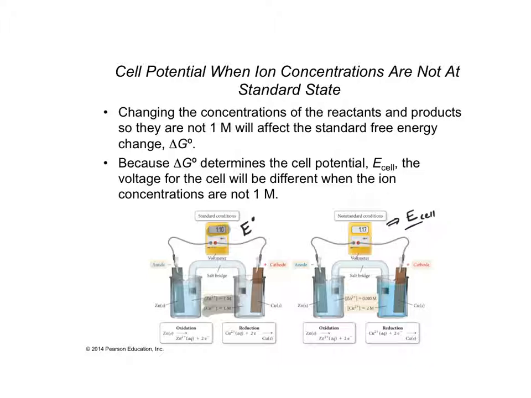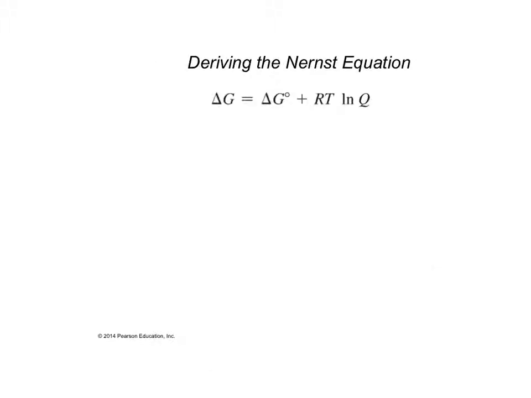Well, it's going to involve something very similar to what we did for delta G, exactly the same thing. We're going to derive our relationship from that same equation, delta G is equal to delta G naught plus RT ln Q, knowing that delta G is equal to minus nF E at non-standard state, and delta G naught is equal to minus nF E naught at standard state.